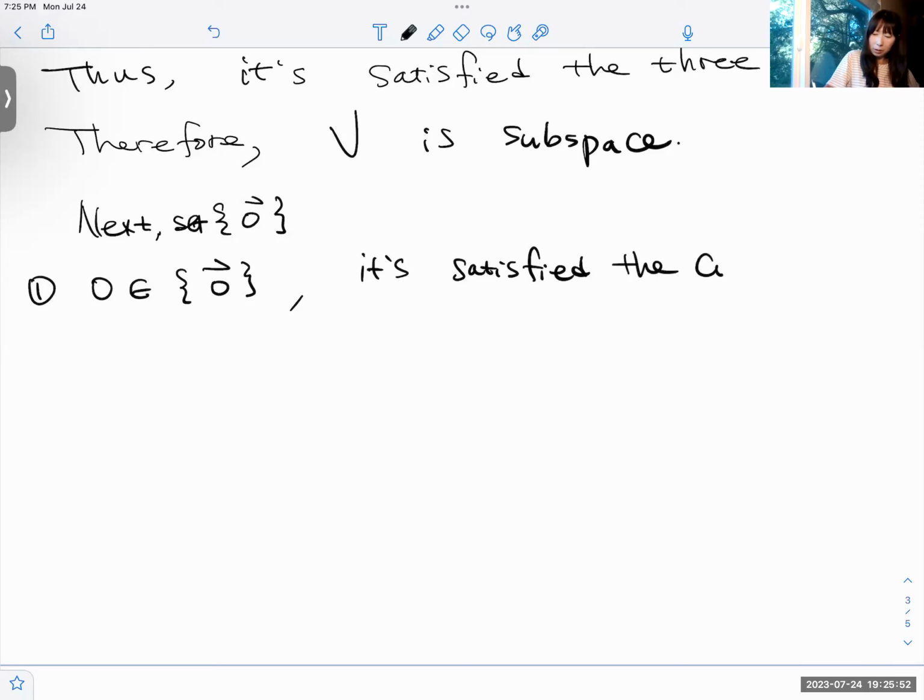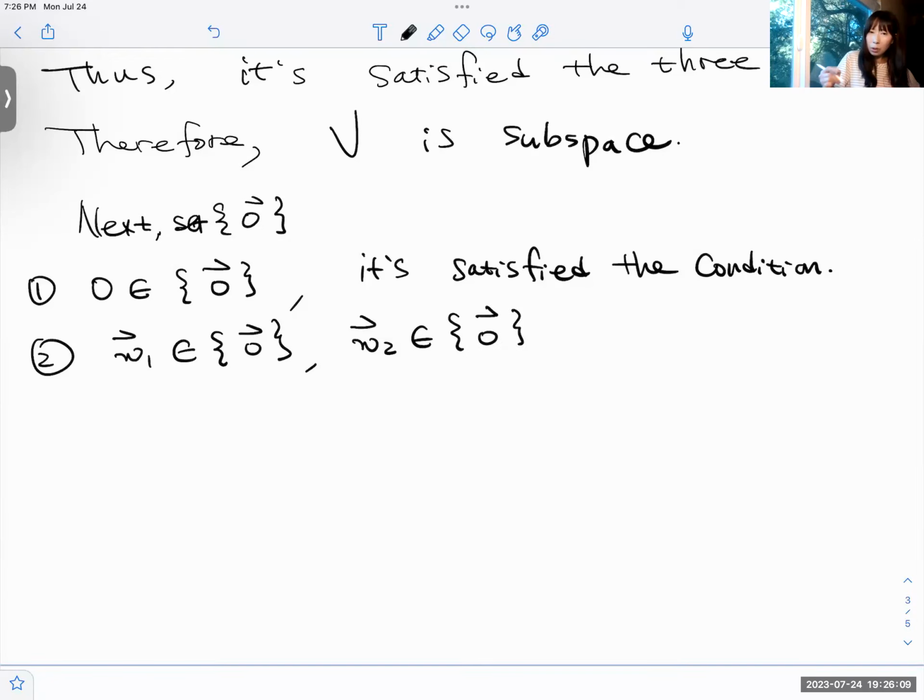Secondly, W1 is in the set of the zero vector, and W2 is also in the set of the zero vector.